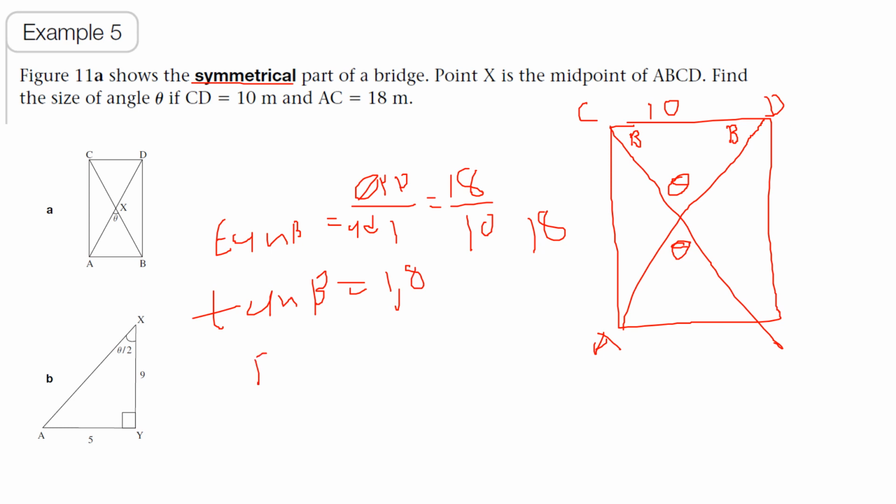And then when you find your beta, you use the second function of tangent. Second function tangent 1.8, and then you get your angle beta.